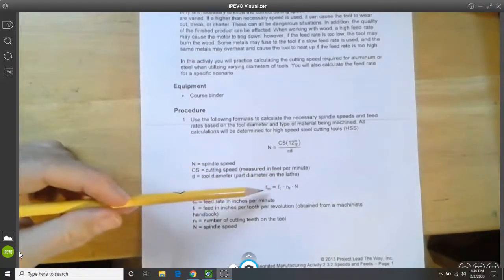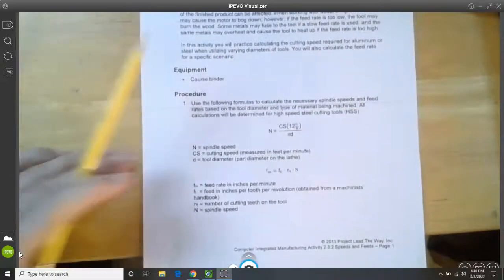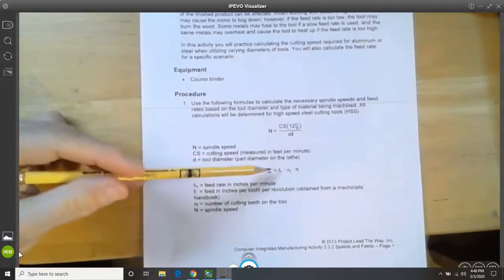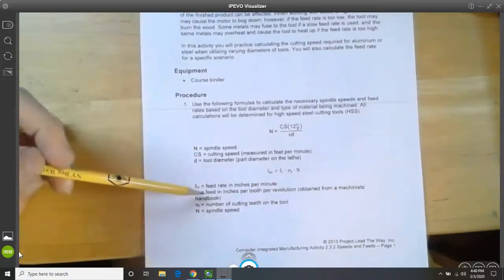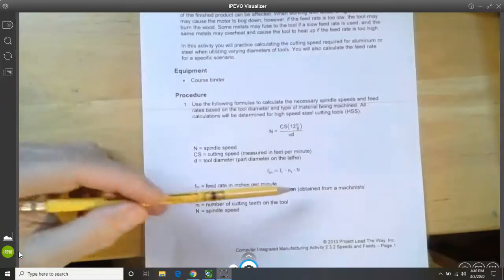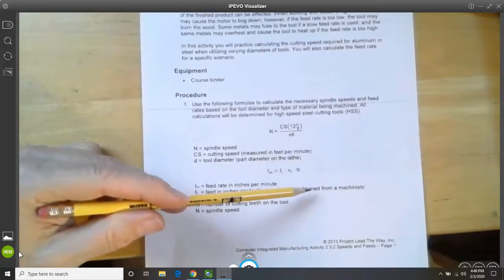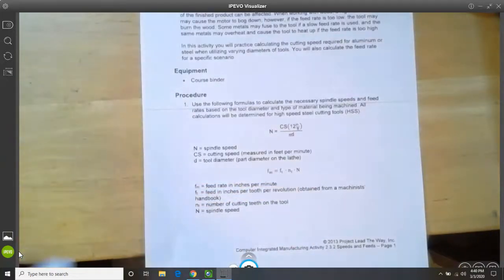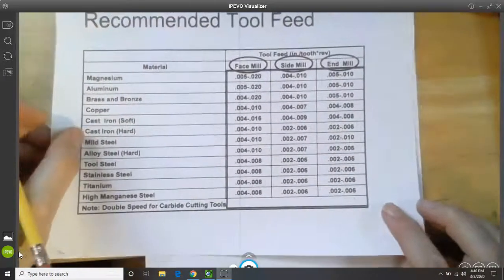The next formula down is for feed rate. It says FM, that's the feed rate in inches per minute, equals FT, which is feed in inches per tooth per revolution, and that's obtained from the machinist's handbook. We have a snippet of that machinist's handbook right here.